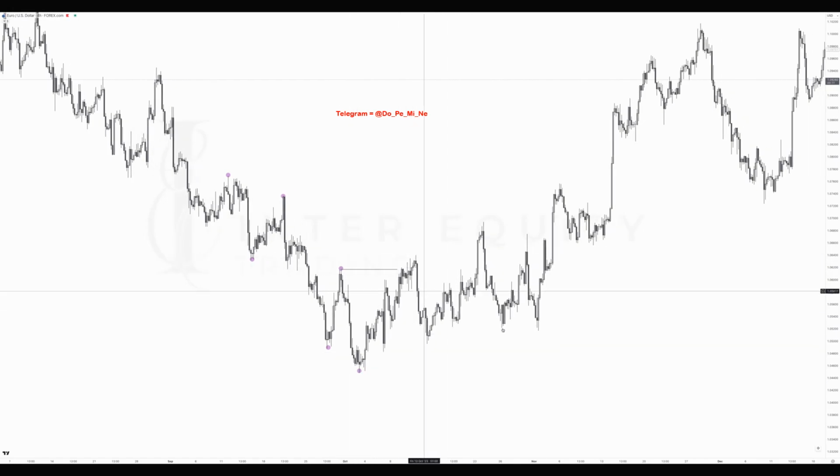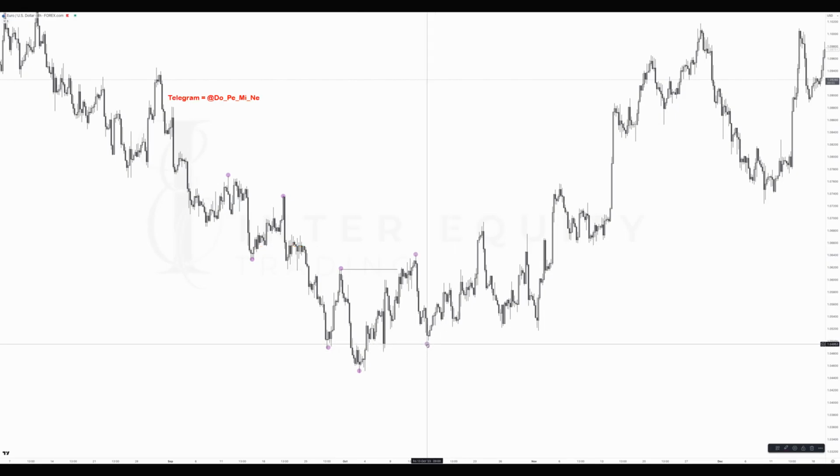Once it breaks above the lower high, you'll see that price creates a higher high over here, pulls back, retraces, doesn't break below the lower low, and creates a higher low over here.